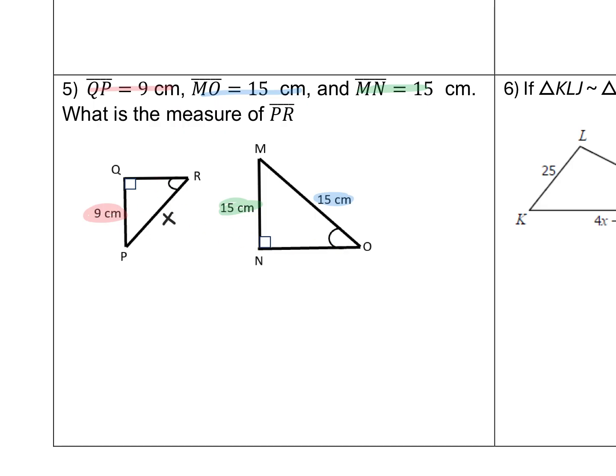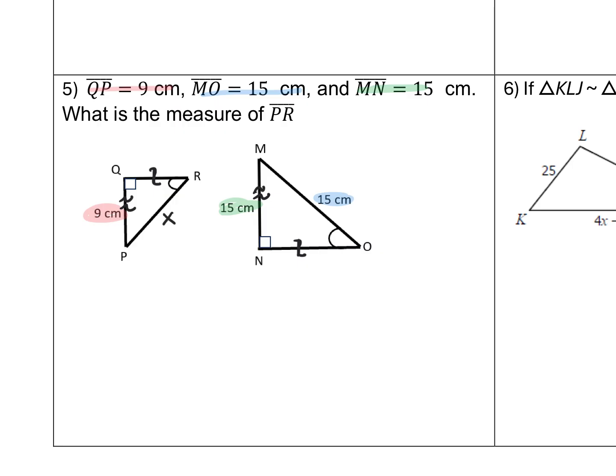So those guys are not congruent, sorry, they are similar sides. And then I'm going to go from the right angle to a straight side, so the right angle to a straight side. So those two are the same side, meaning they're going to be similar. And then I have my hypotenuse, which is pretty easy to find.